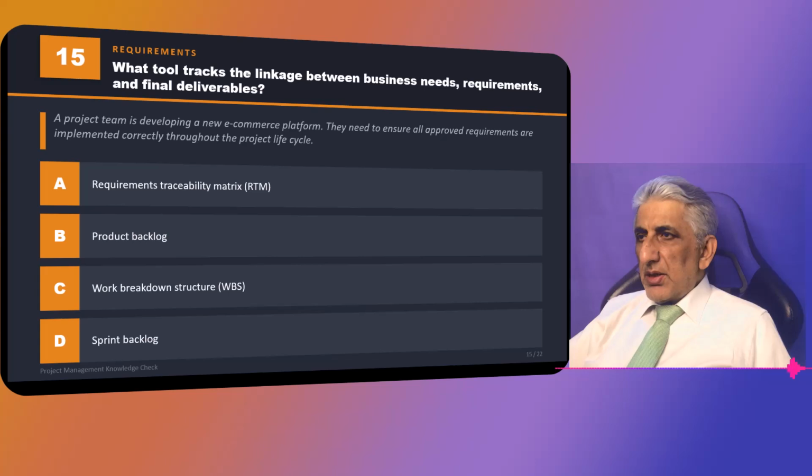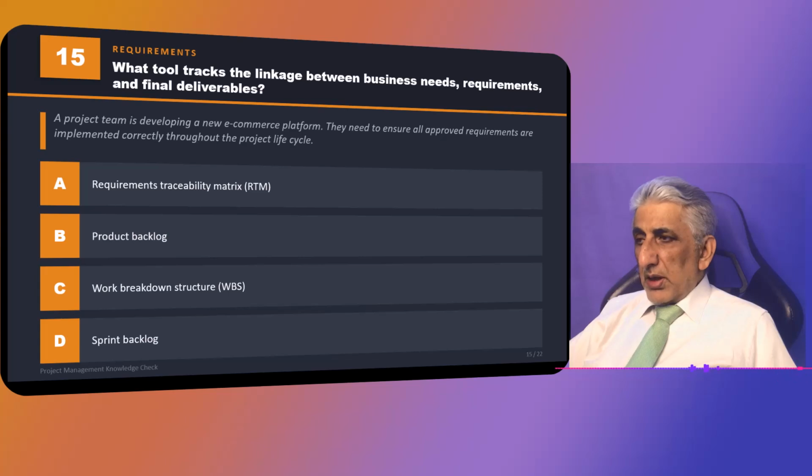Right away, you should know that it is requirements traceability matrix. How do I know? From the word tracks, what tool tracks? So, product backlog, there is no tracking there. Work breakdown structure, actually, it is done in predictive, but I don't know how you will link it to business needs.